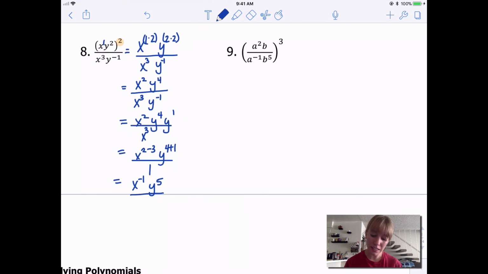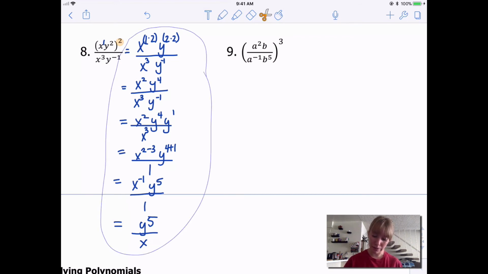And I know that x to the negative 1 means I'm in the wrong spot. Flip me to the bottom. So my y to the 5th can stay, but my x needs to go on the bottom. You can write x to the first if you want, but you don't really need to because x to the 1 power is just x.